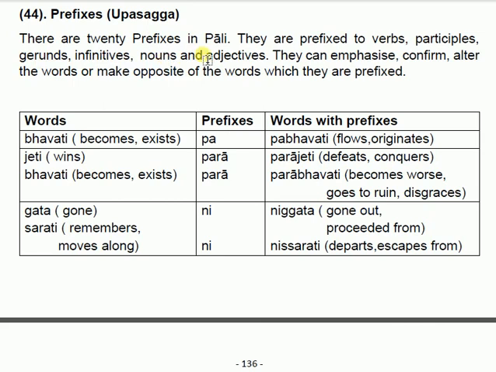They are prefixed to verbs, participles, gerunds, infinitives, nouns, and adjectives. They can emphasize, confirm, alter the words, or make the opposite of the words to which they are fixed. So in this table we have prefixes and examples.